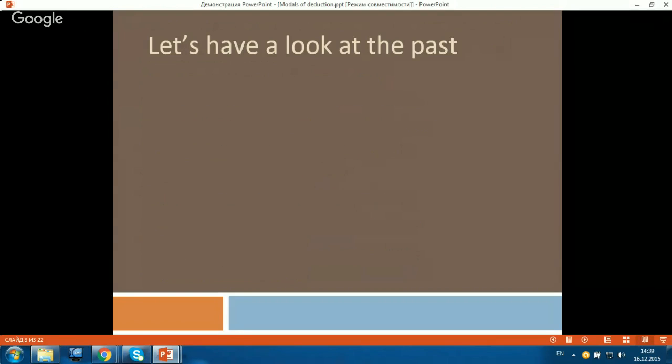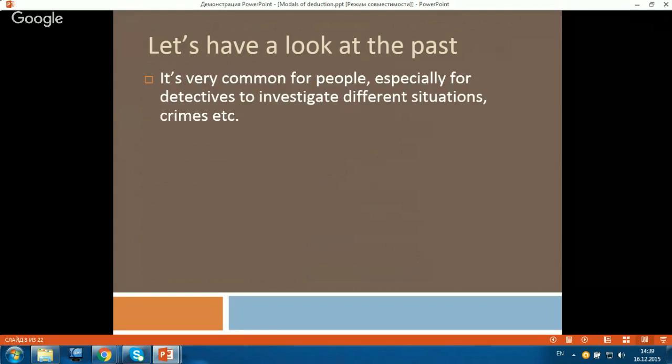Let's now have a look at the past, guys, because previously we analyzed the present situation, what is inside the bag. But it's very common for people, especially for detectives, to investigate different situations, crimes, etc. There are so many mysteries in our life.